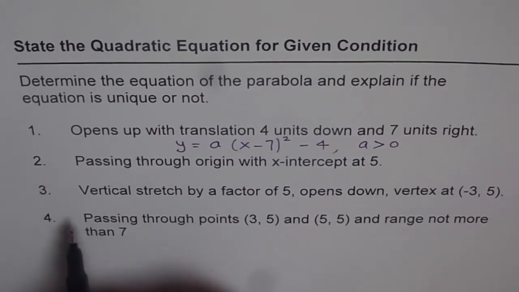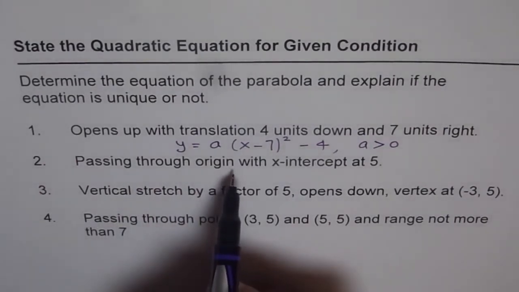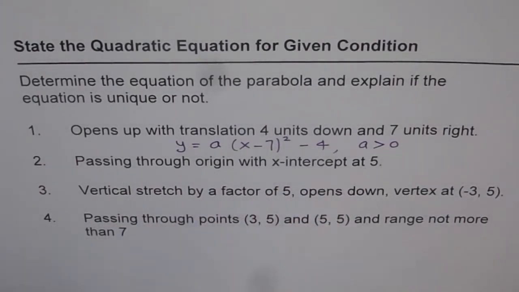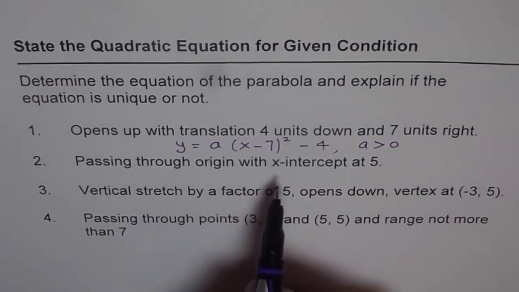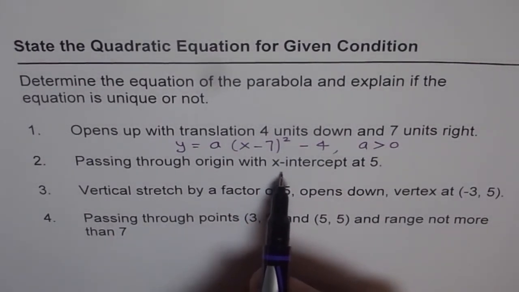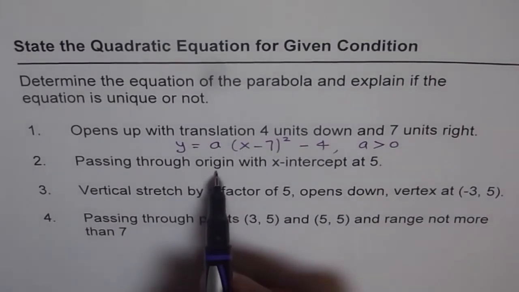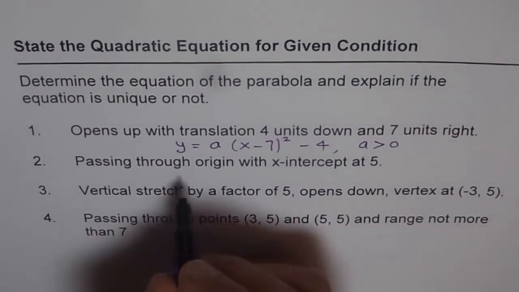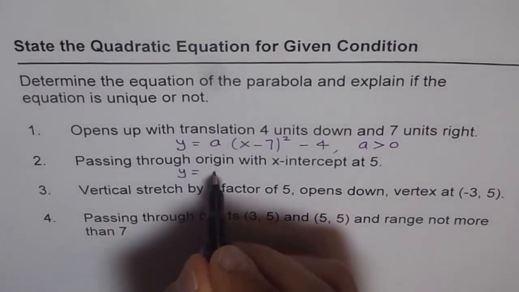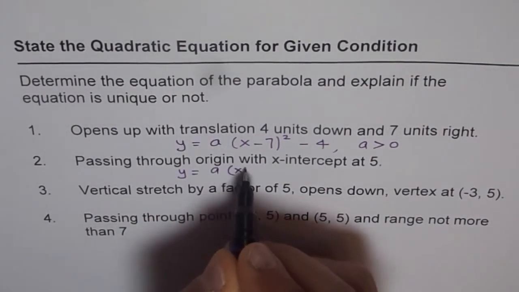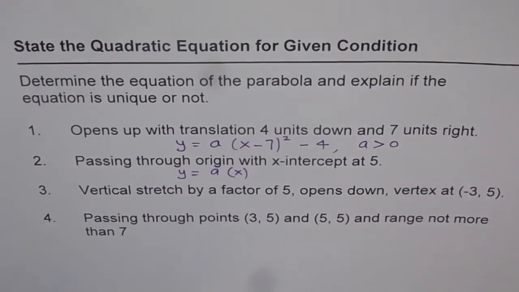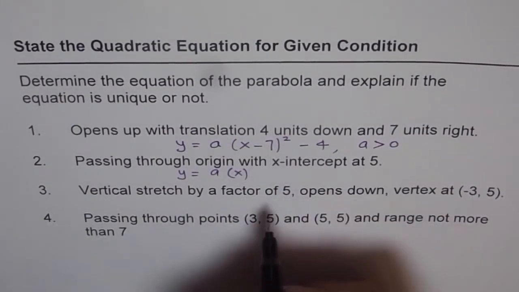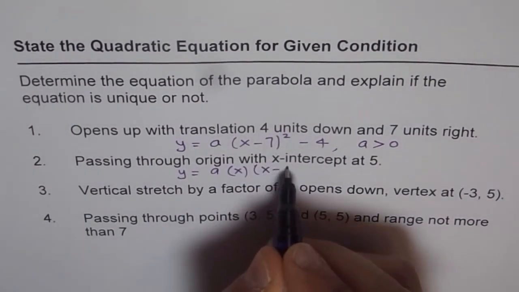Part B, or question number 2, is passing through origin and x-intercept at 5. Now, in this question, we are given 2 x-intercepts. One is at the origin, the other one is at 5. So that helps to write down the equation, and we can say the equation is y equals a times, origin is x minus 0, just x, and the other one is at 5, so it is x minus 5.